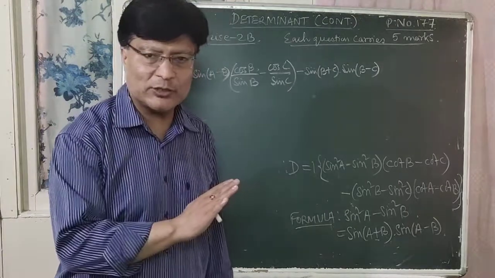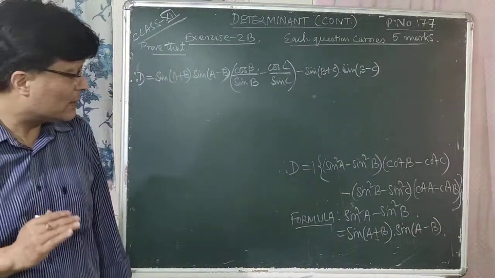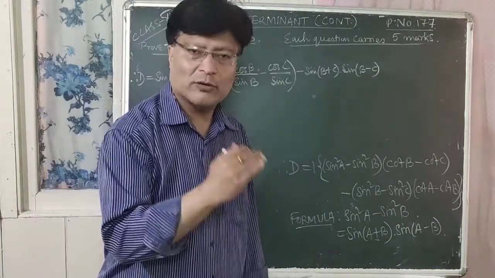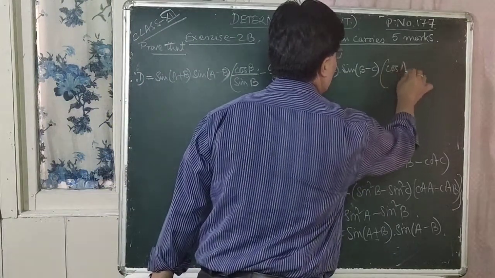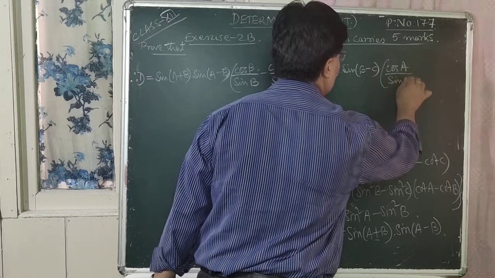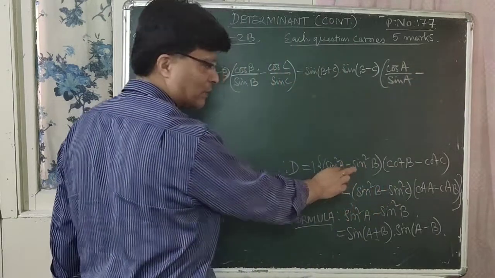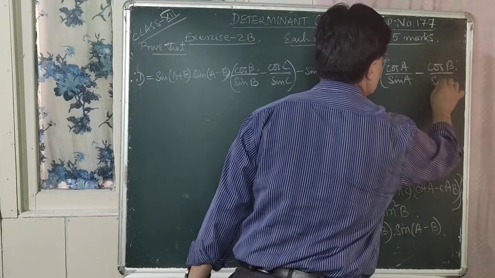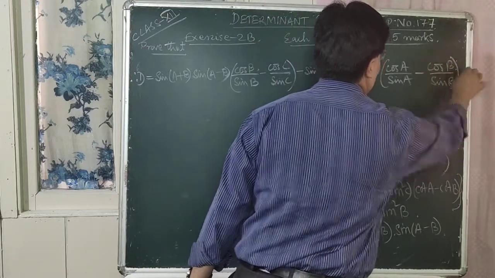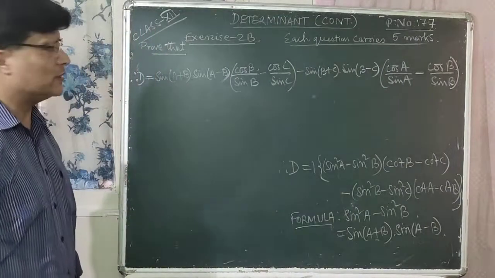You can change it into cos A by sin A minus cos B by sin B. So it is simplified.